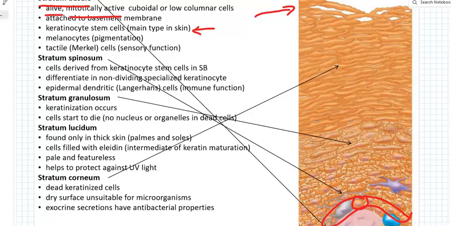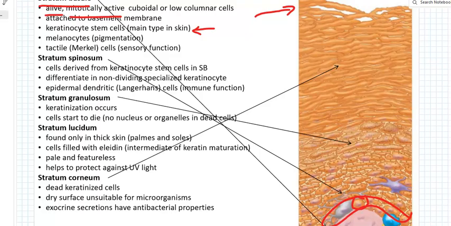Okay. So you need to know the contents of each layer. So if I ask you which cells are present in the basal layer, you tell me, well, first of all, it's keratinocytes. The stem cell version that can divide and is alive.